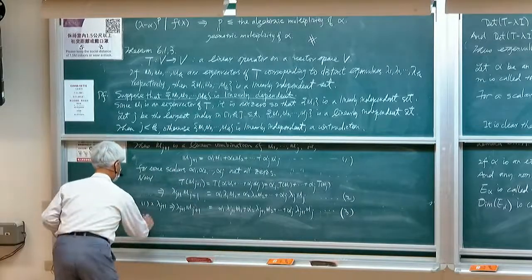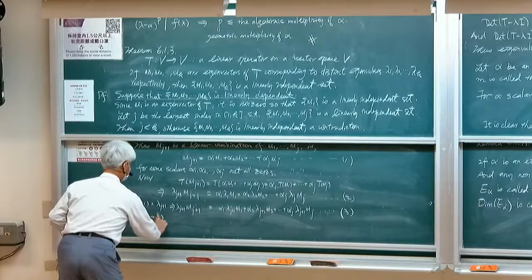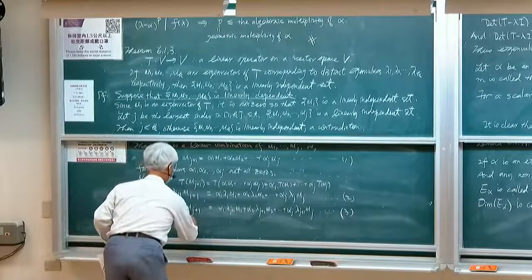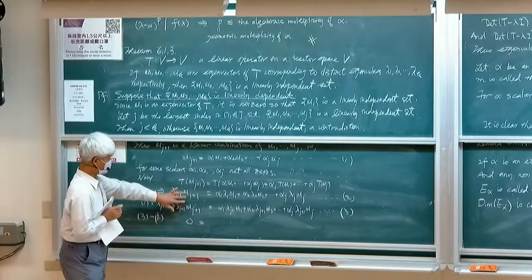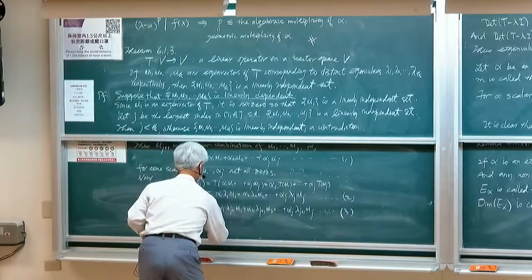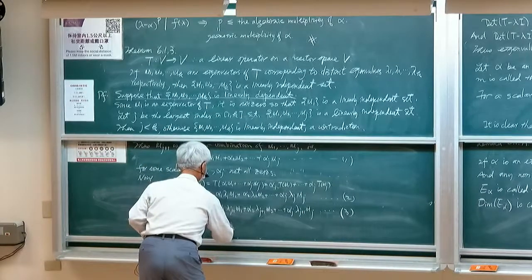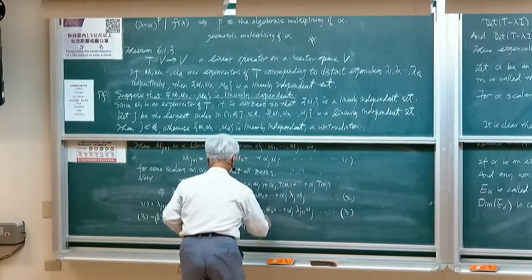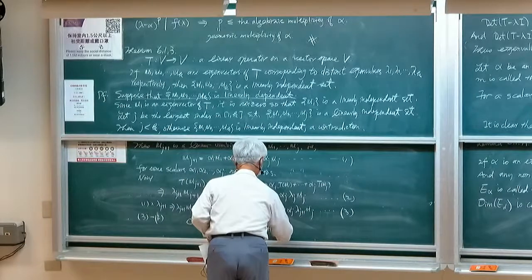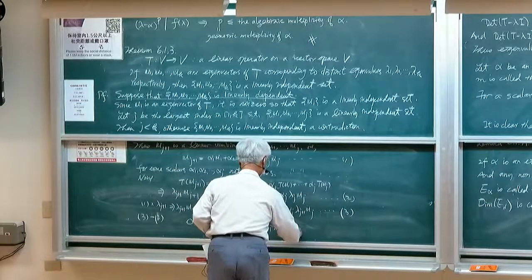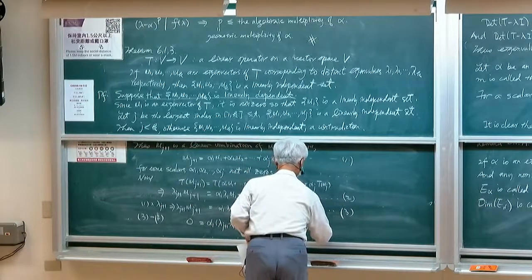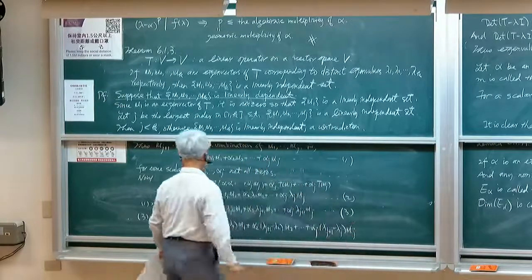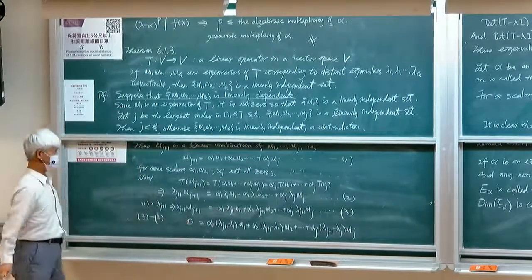Now we take the difference: the third equation minus the second equation gives us 0, because the left sides cancel each other. Here we have alpha 1 times lambda j plus 1 minus lambda 1 times u1 plus alpha 2 times lambda j plus 1 minus lambda 2 times u2 plus up to alpha j times lambda j plus 1 minus lambda j times uj. So this is the zero vector.